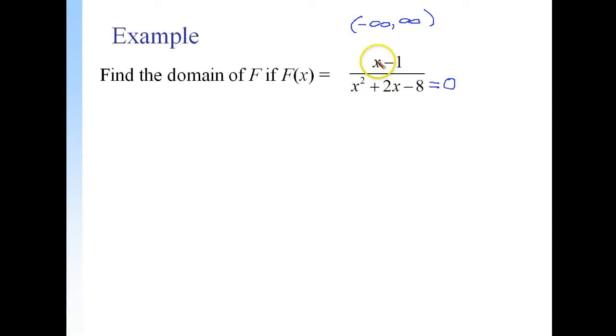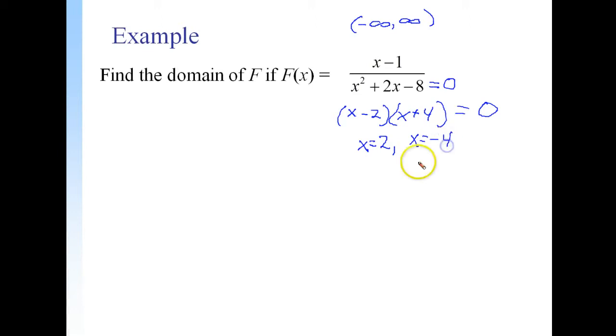We don't care about the numerator anymore. It's just the denominator. So we factor the denominator, and they usually give you something that's easy to factor. And this will be a plus, and this will be a minus. So here x is going to equal a 2, and here x is going to equal a negative 4.